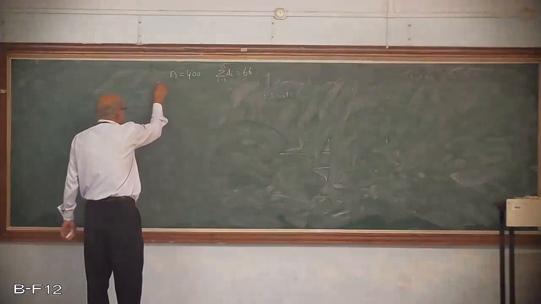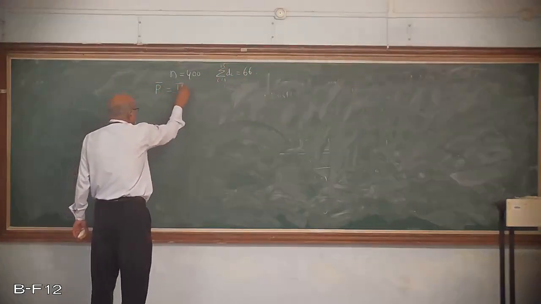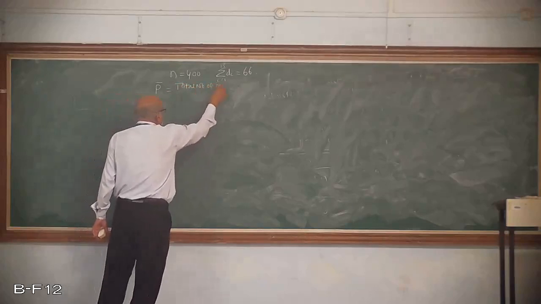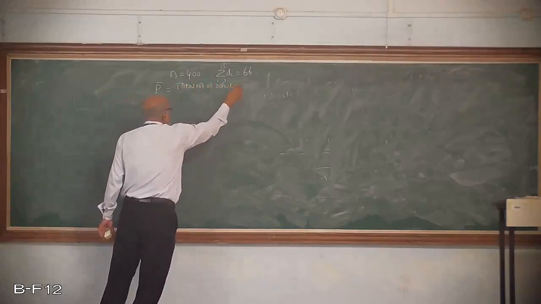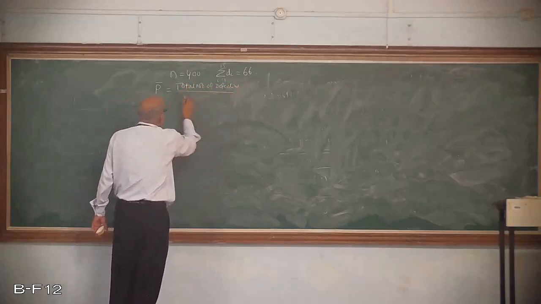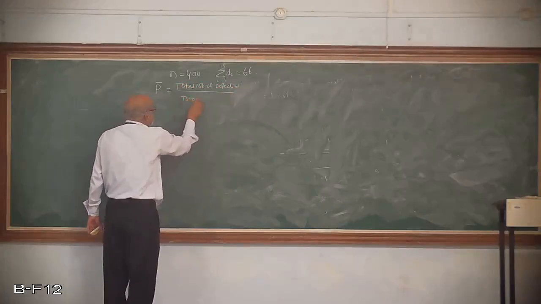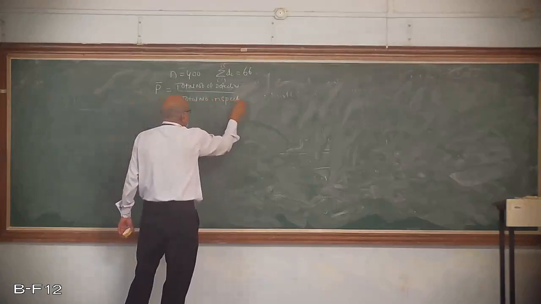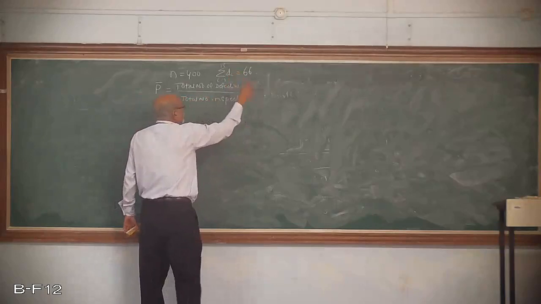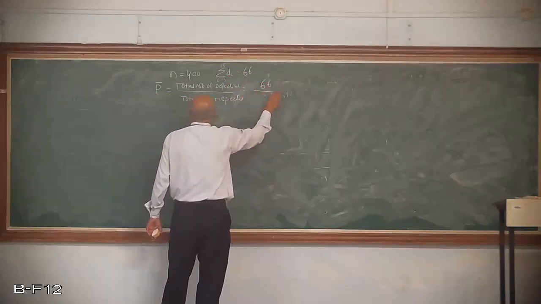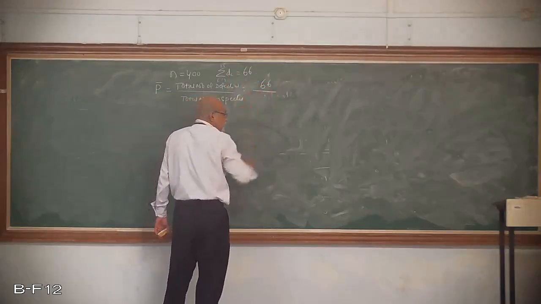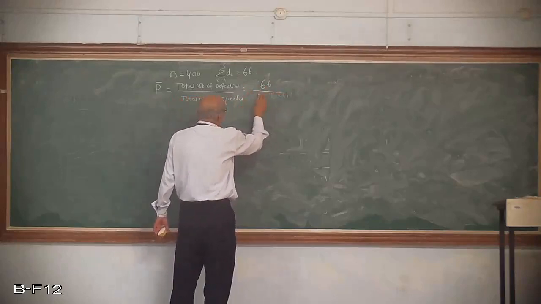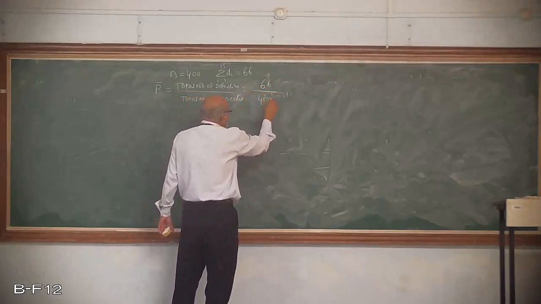The P bar is the total number of defectives divided by total number inspected. The total number of defectives is 66. The number of lots is 15, and each lot size is 400. That means 400 into 15.